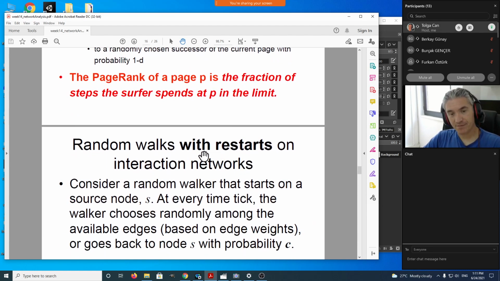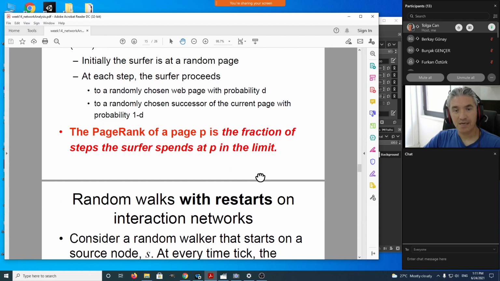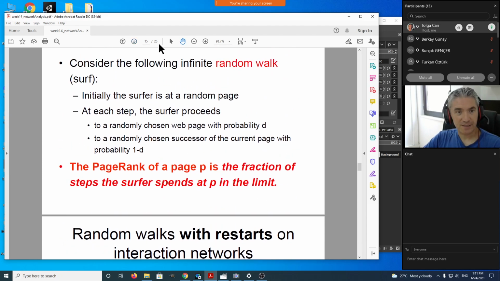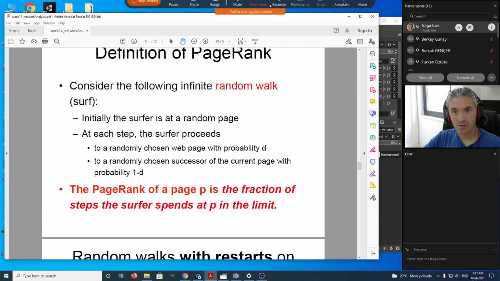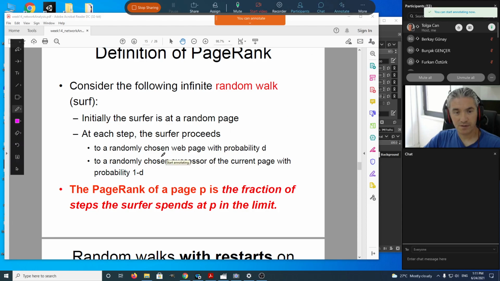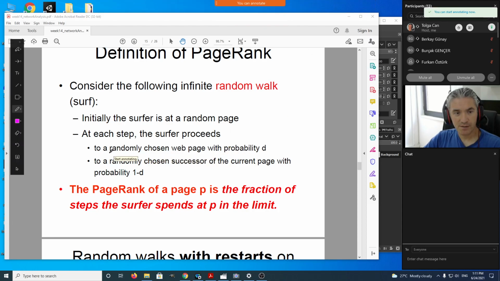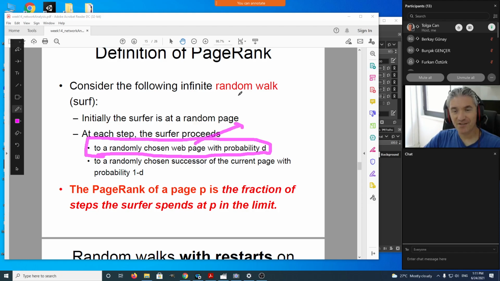Now, the one with restarts, the only difference, let me show you, is that when we are jumping to a randomly chosen web page with probability d, the randomly chosen page is not any of the nodes in your graph, but a few select nodes in the graph.